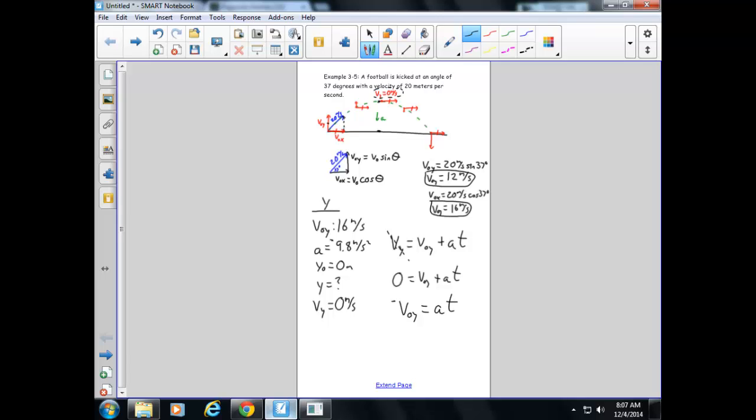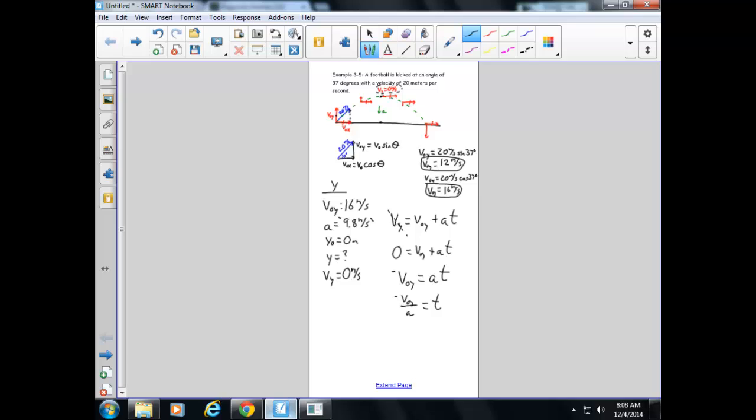We're eventually trying to find the height, but for right now, we're going to first find the time and then use the time to find the height. So let's isolate time to get time by itself: Voy over the acceleration equals time. Plug in some numbers now that we have time by itself. We have 16 meters per second for the initial y velocity over a negative 9.81 meters per second squared for the acceleration.